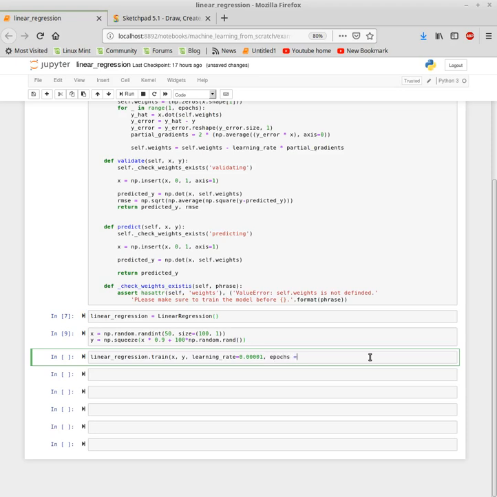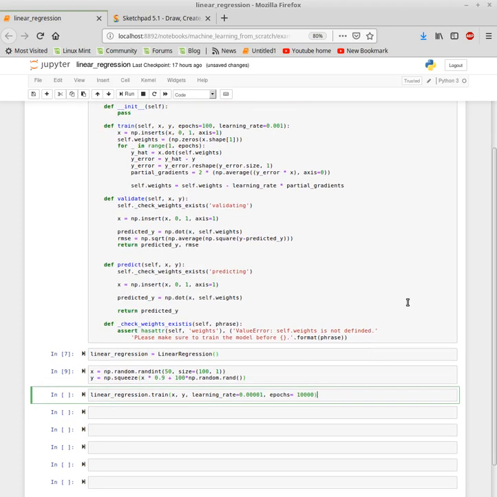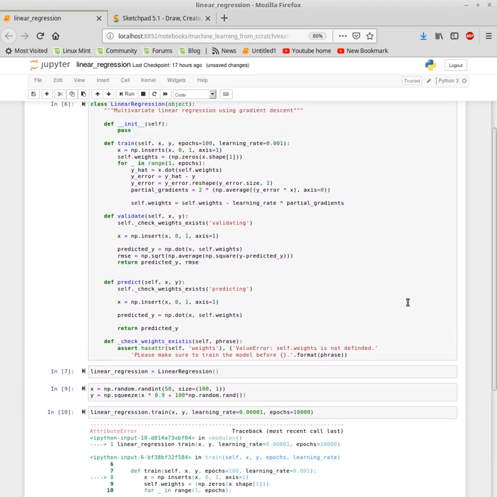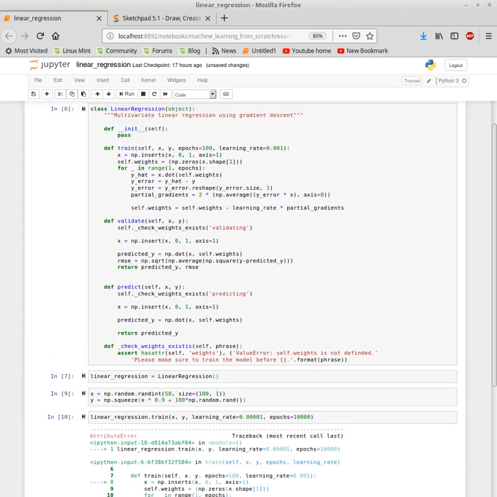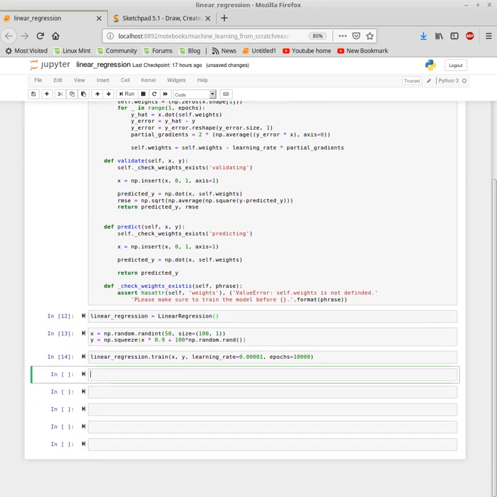Okay, epochs, I don't know, just say like 1,000, 10,000, just to make sure it's going to converge. And we're going to just train it and see. NumPy has no inserts. Alright, what about this? Okay, it looked like it trained.